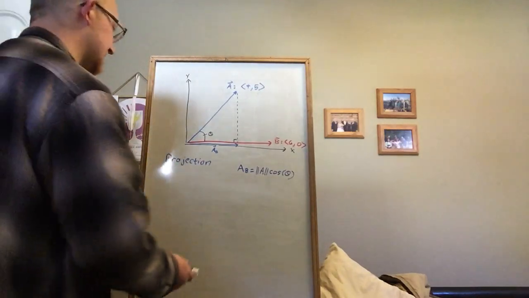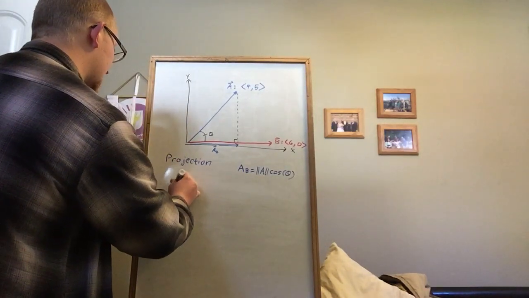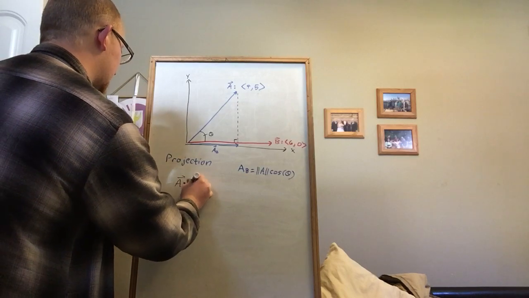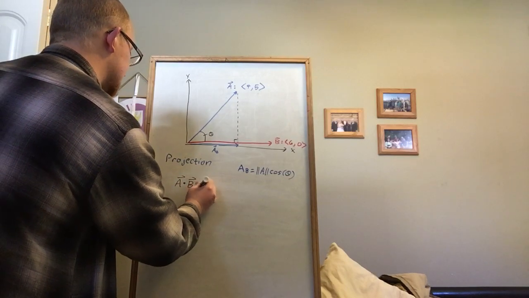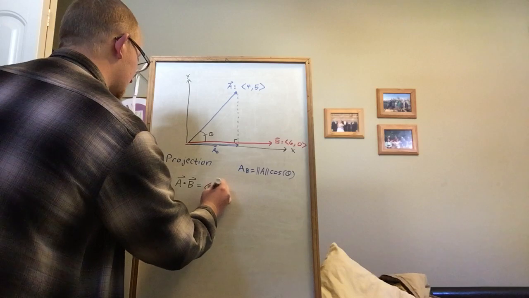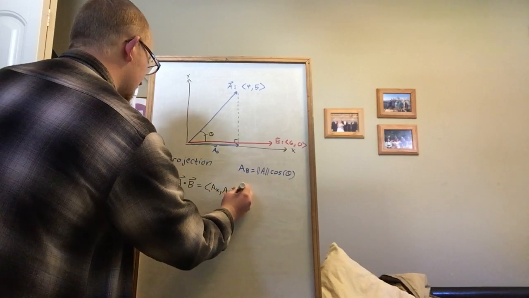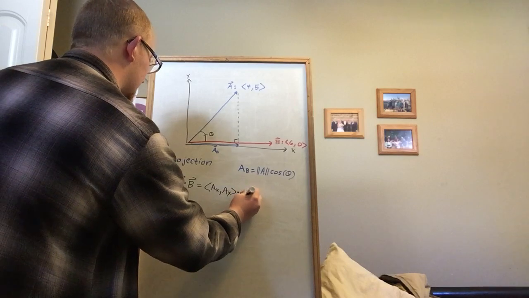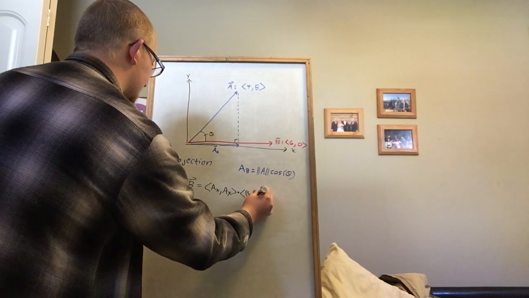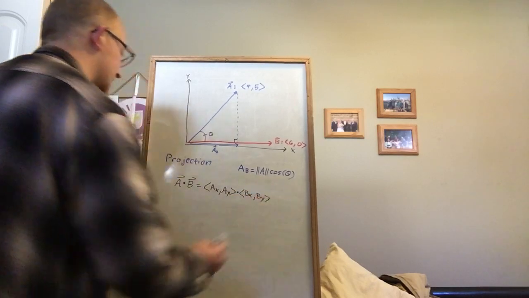And this method is we're going to say that A dotted with B is equal to A in the x direction, A in the y direction, dotted with B in the x direction, B in the y direction.